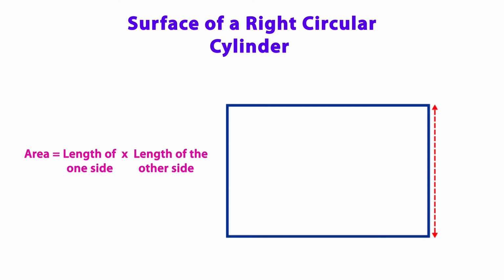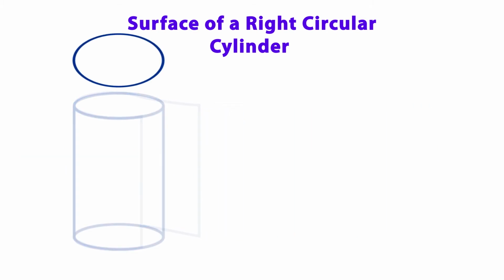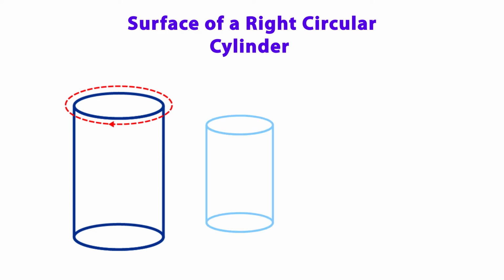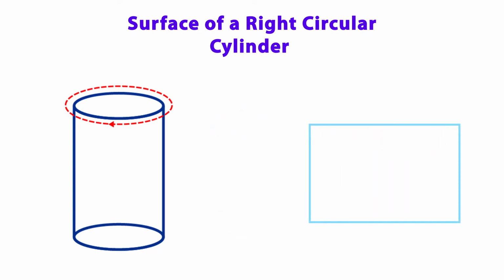The length of one side is h, that is the height of the cylinder. Now we need to find the length of the other side. If we bend the rectangle and make a roll out of it, it would perfectly fit with the perimeter of the circular face of the cylinder, because as we know, we opened up that curved surface to make a rectangle.